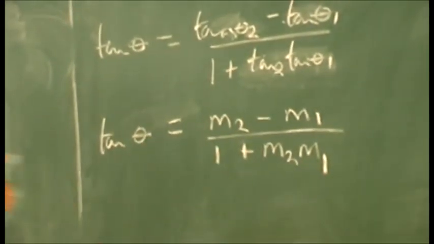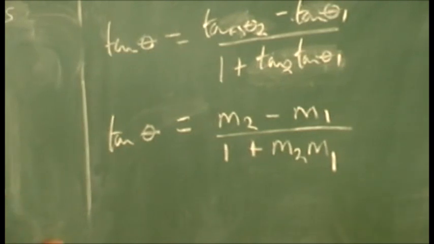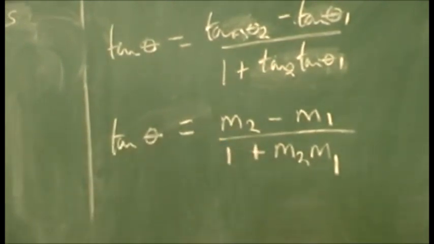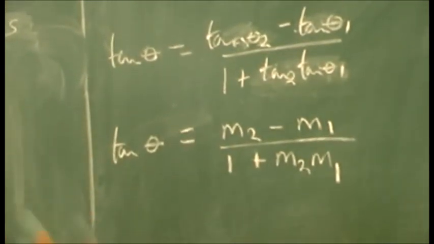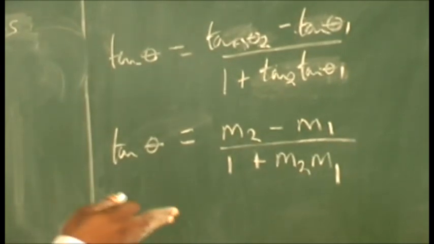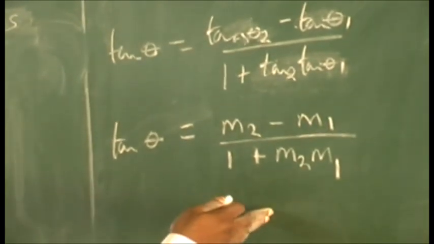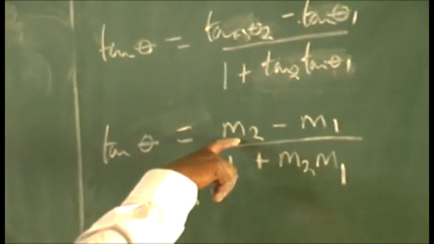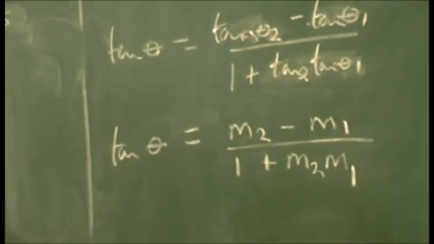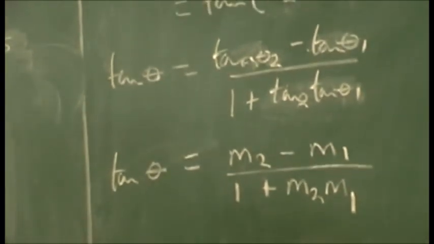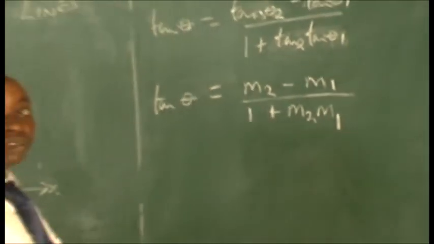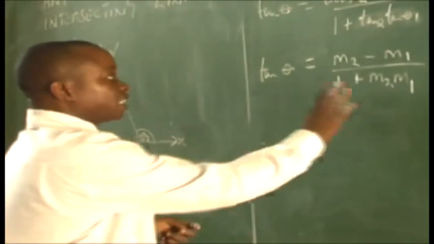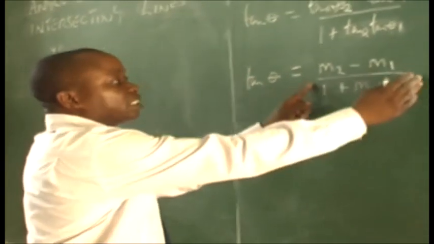And we should also know that m is the gradient. So if we have two lines intersecting, for us to get the angle, we find the gradient of one line, call that m1, and find the gradient of another line, which is m2. If you get these two gradients, then to get θ, replace it by this.